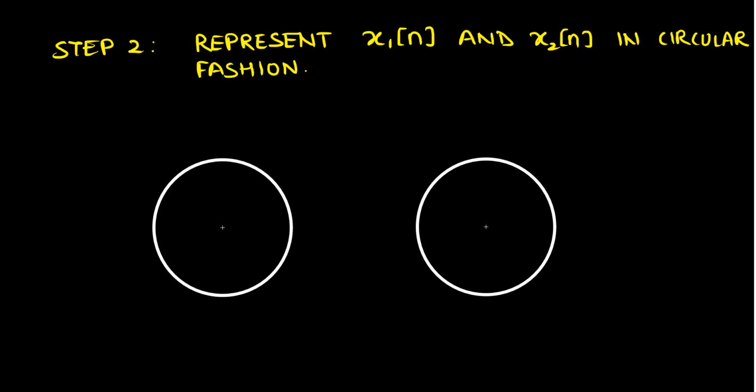So let us consider x1 of n first. So this is for x1 of n.